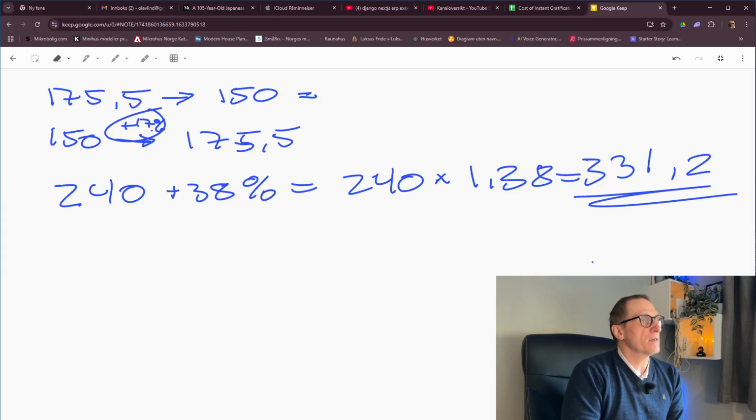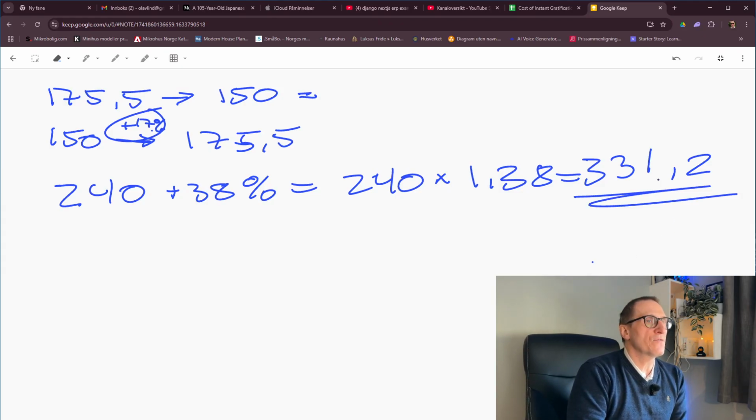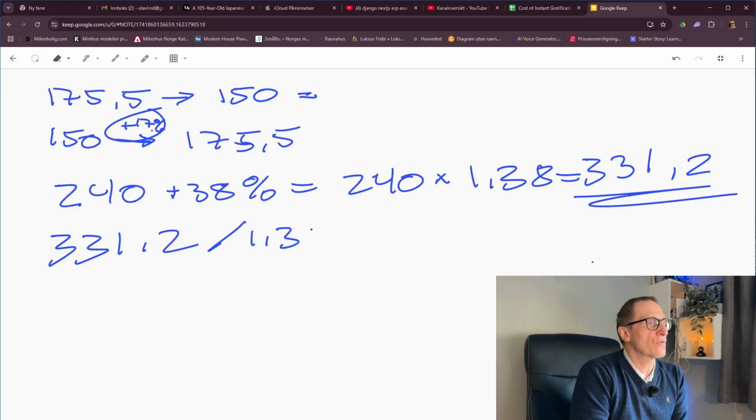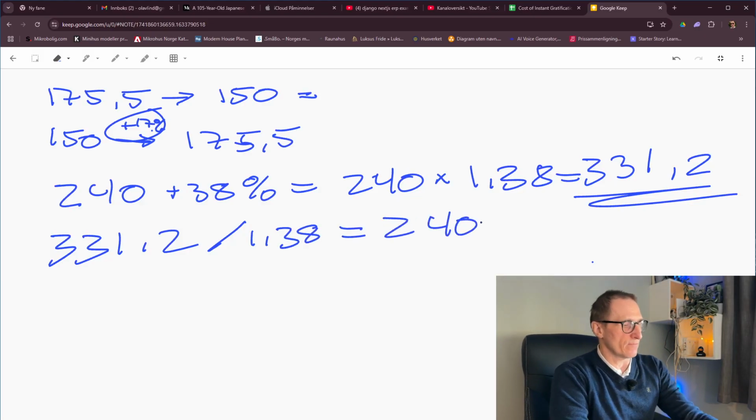Like I said, if I have this number, I know that there's been 38% added to it already. If I want to know the base number, I go the other way around: 331.2 divided by 1.38 equals 240.